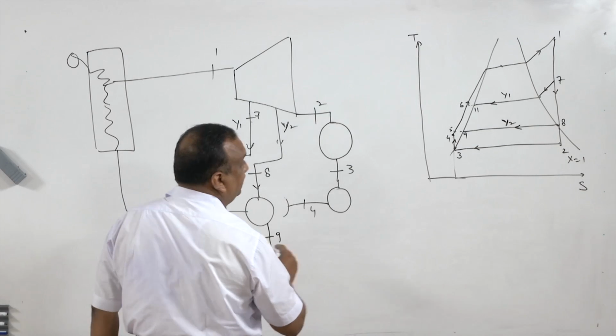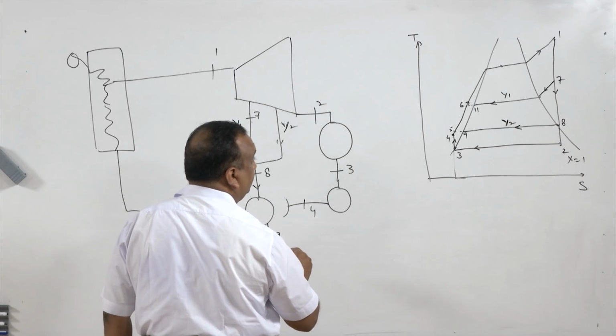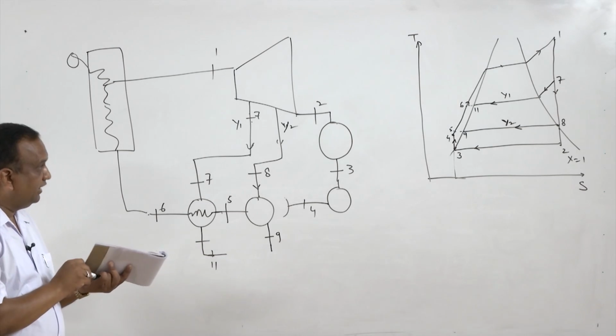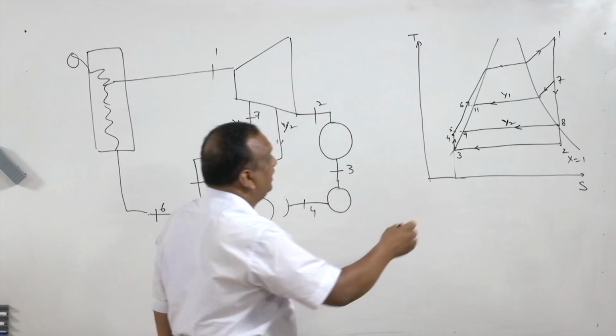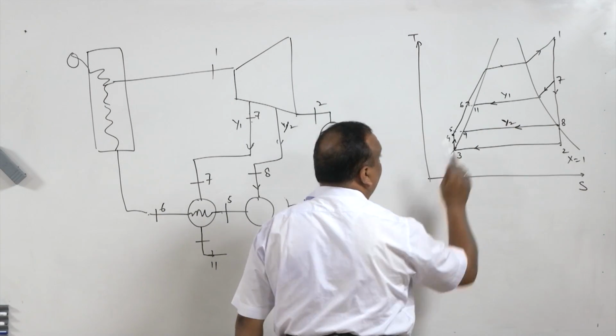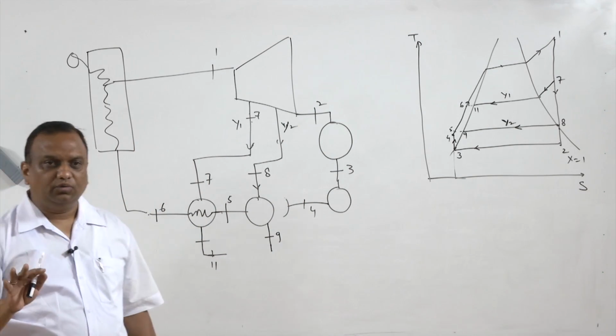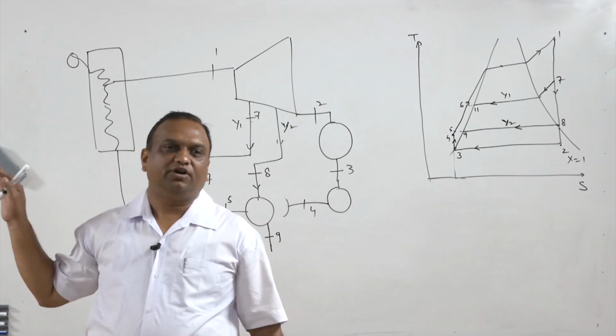Now, one thing we have to see here is that the steam available at this pressure is 10 bar and this is 1.1 bar. Because once the arrangement is clear to you, solving the numerical is not a big issue.